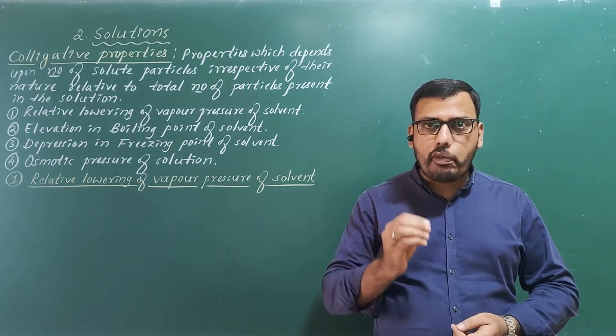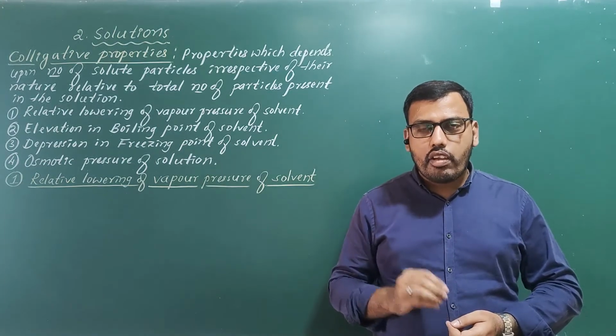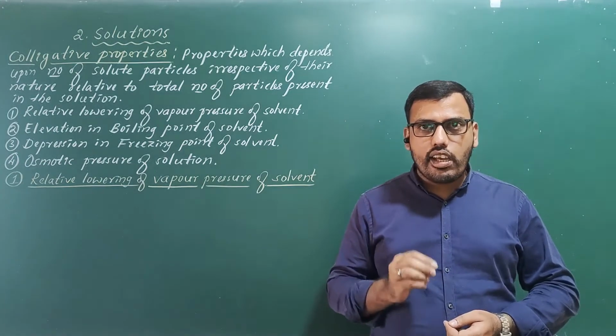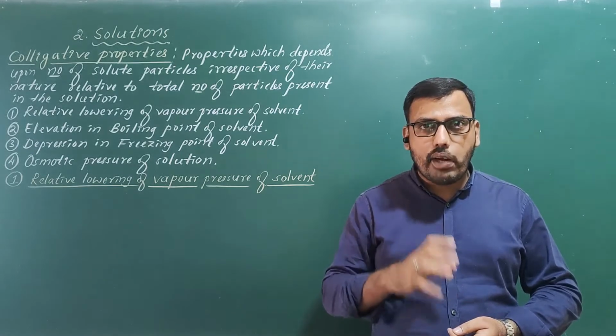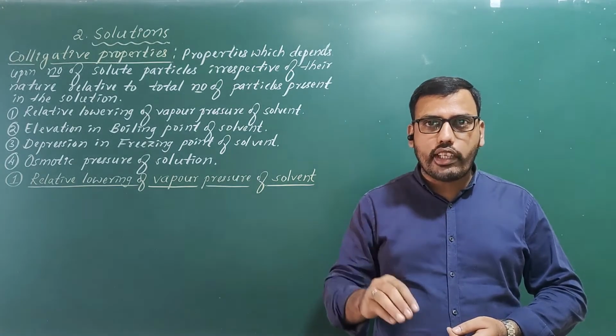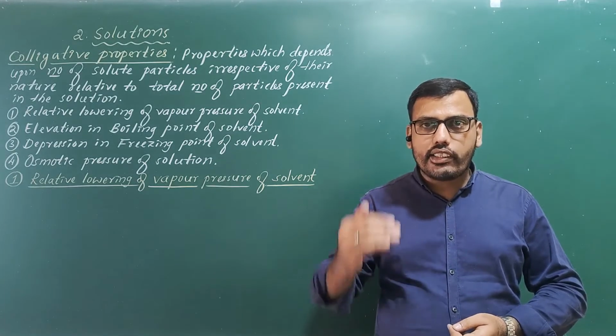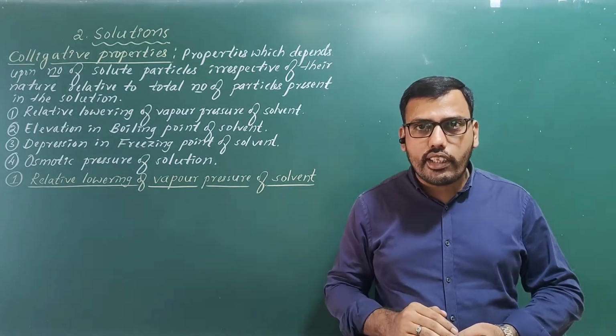Say for suppose we have prepared a solution. In this solution we have solute particles as well as solvent particles. So the surface is covered with both solute and solvent. Now the escaping tendency of solvent molecules decreases.